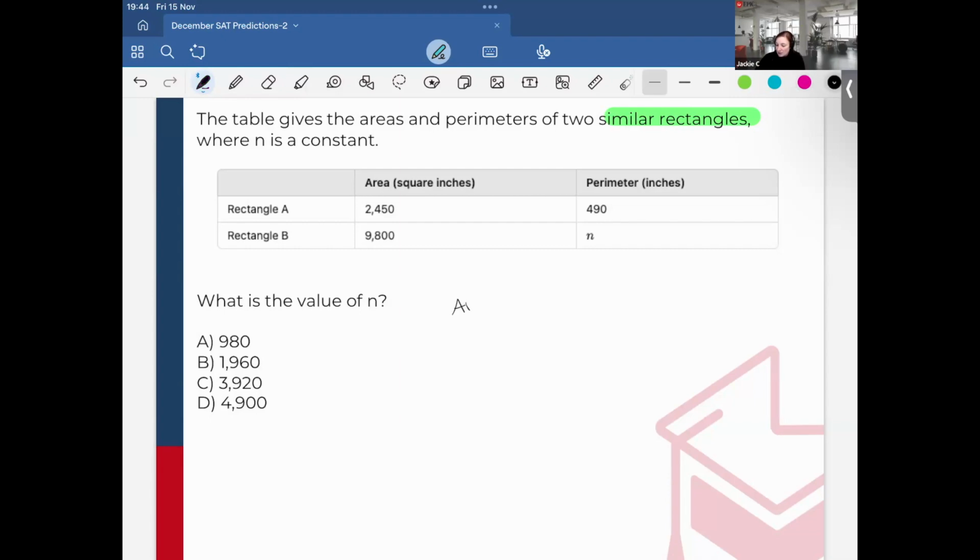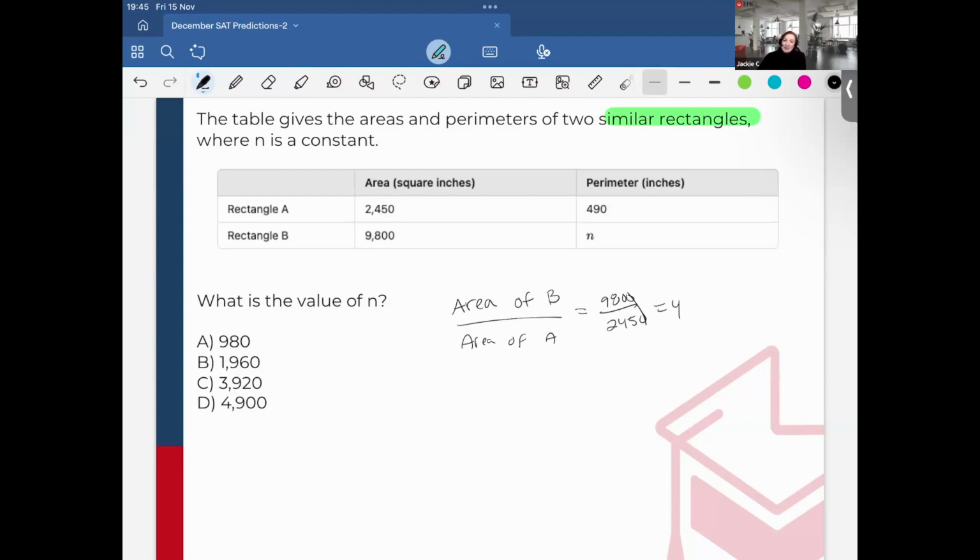So I can just set up the area of B to area of A, which would be 9,800 over 2450. And oh my goodness, I think this goes in perfectly. It's 4.